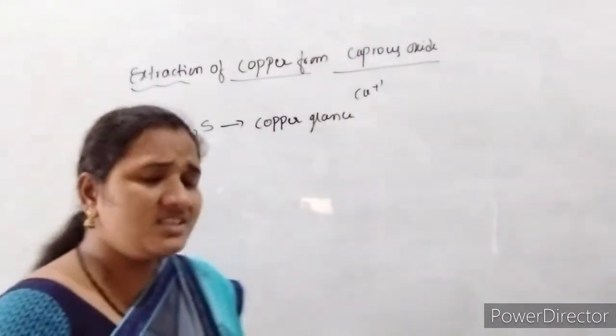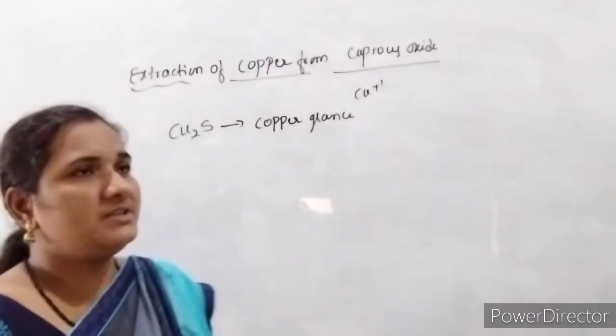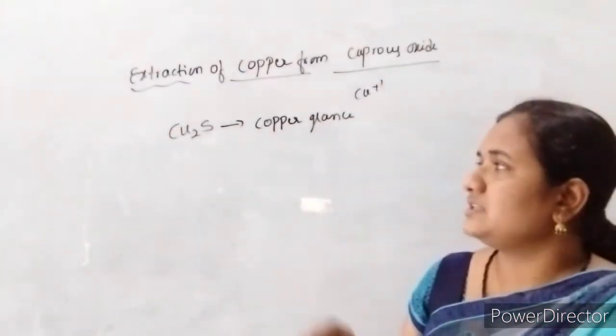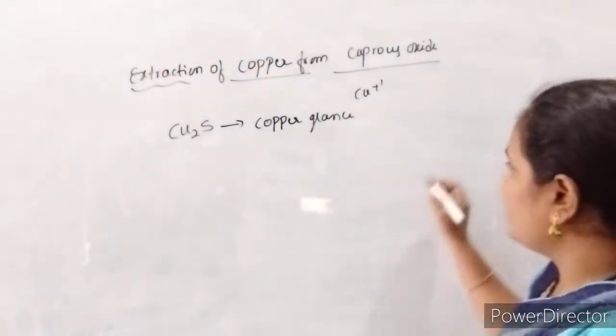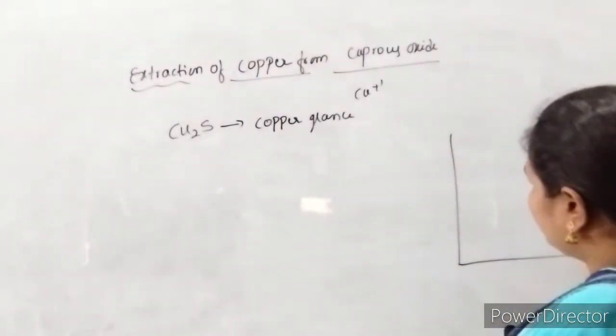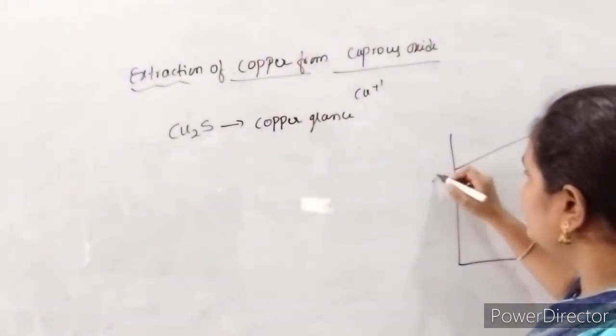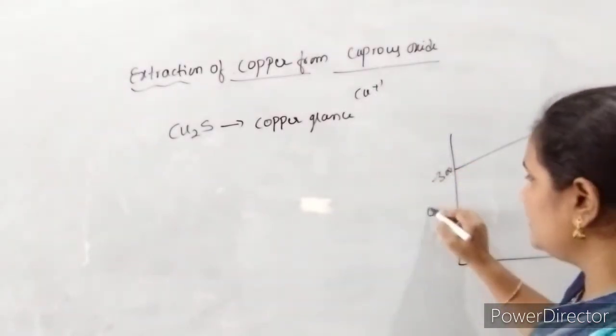This copper glance, the ore of copper, is very easy to reduce, because in the Ellingham diagram, the formation of copper oxide is almost at the top of the graph, at about -300 of delta G value.